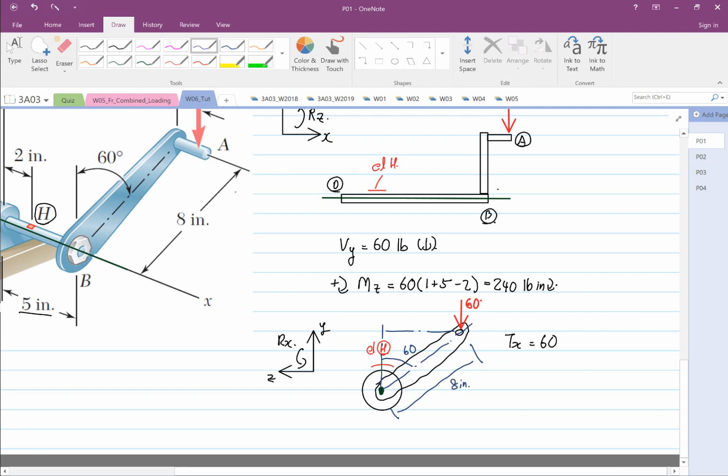So the perpendicular distance is 8 sine 60. So we have 415.69 pound-inch of torque going in this rotation.